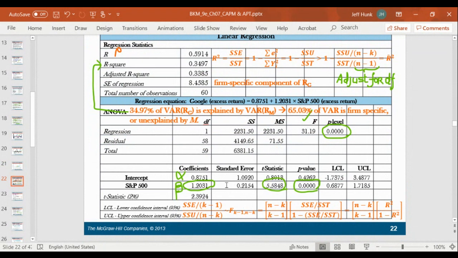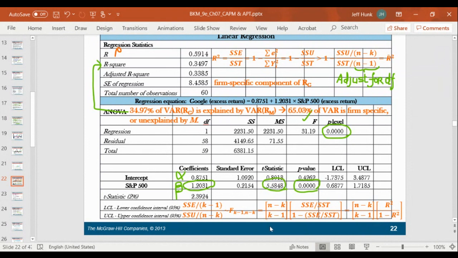So an alpha of 0.875 with a standard error of 1.09 is relatively not very reliable. If you divide this by this, that's the t-statistic, right?